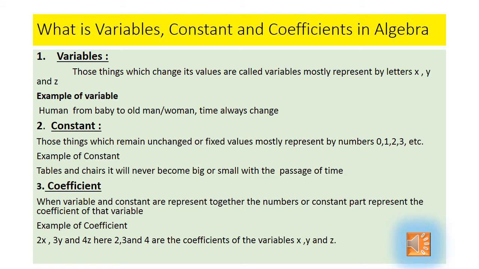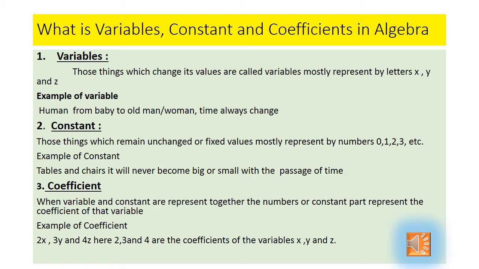Now, coefficient. When a variable and a constant are represented together, the number, or constant part, is the coefficient of that variable. Examples of coefficients: 2x, 3y, 4z. Here 2, 3 and 4 are the coefficients of the variables x, y and z.